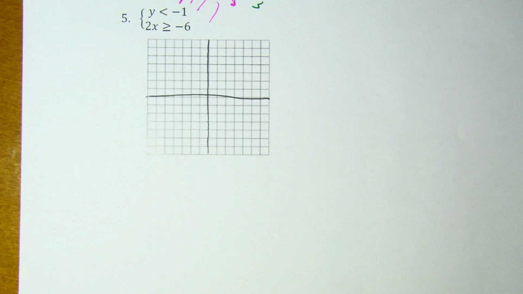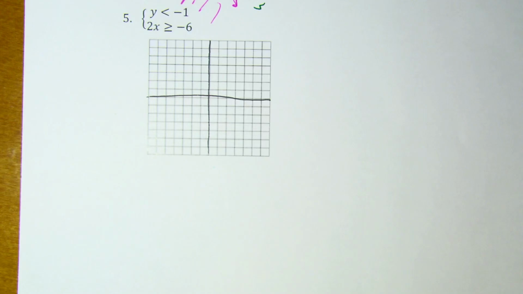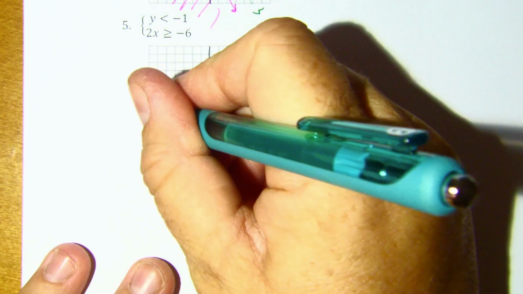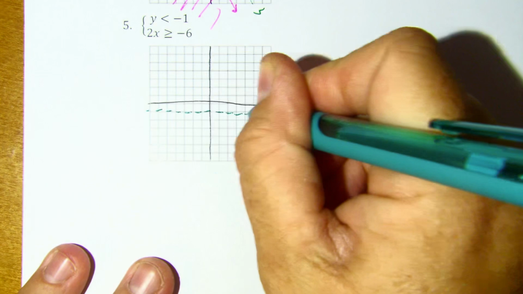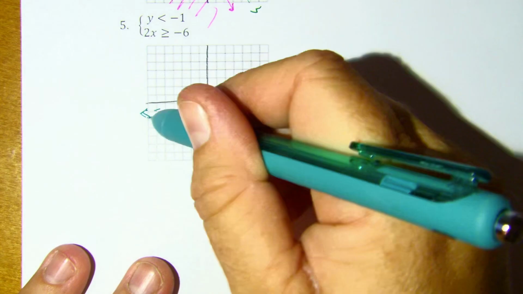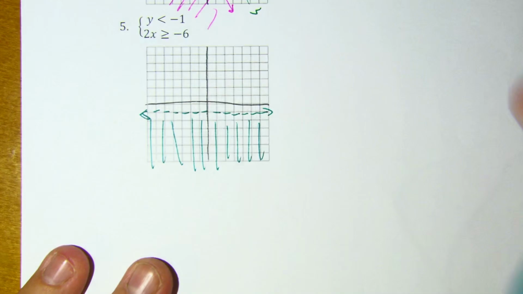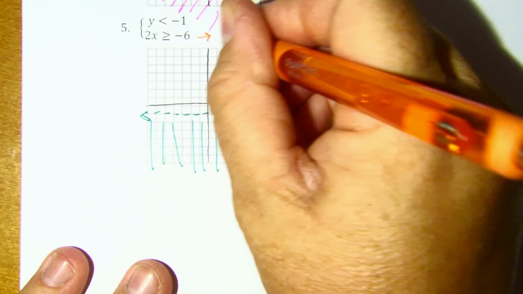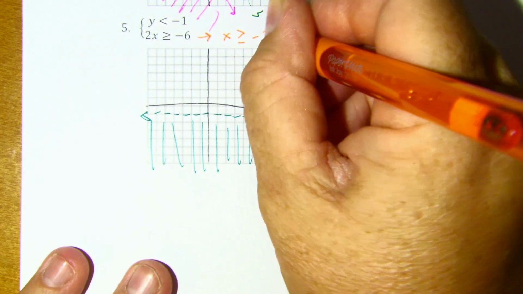And here we have a vertical line and a horizontal line. Horizontal line, y equals negative 1, and dashed line there. And it's saying y is less than negative 1. Well, that would be below that then. And then here we have 2x is greater than negative 6. If I divide by 2, I have x is greater than or equal to negative 3.